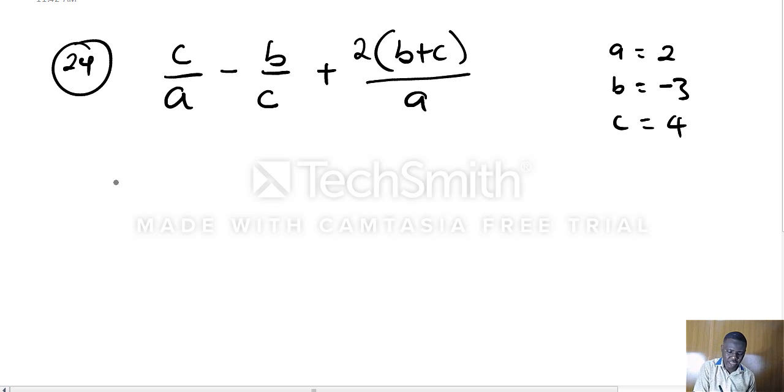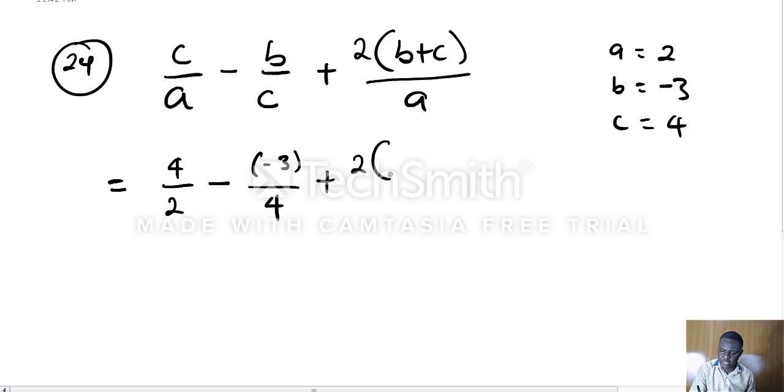And this is equal to c over a can be said to be 4 over 2 minus b over c can be said to be minus 3 over 4 plus 2 into brackets, b is minus 3 plus c is 4, divided by a, which is 2.